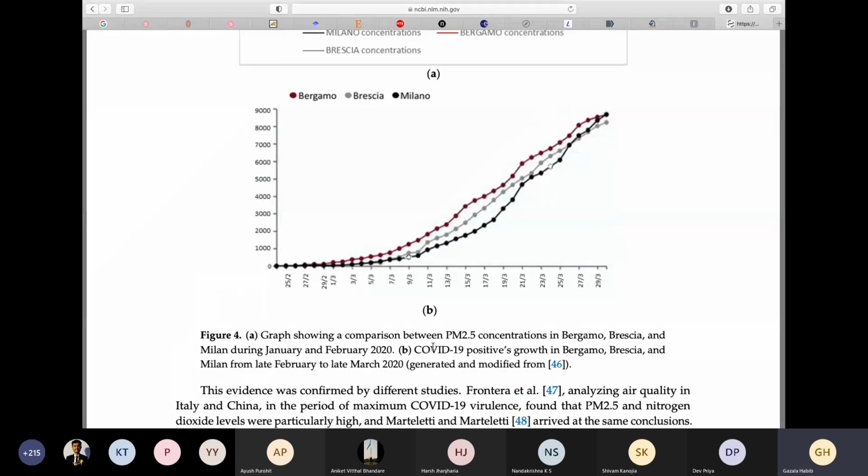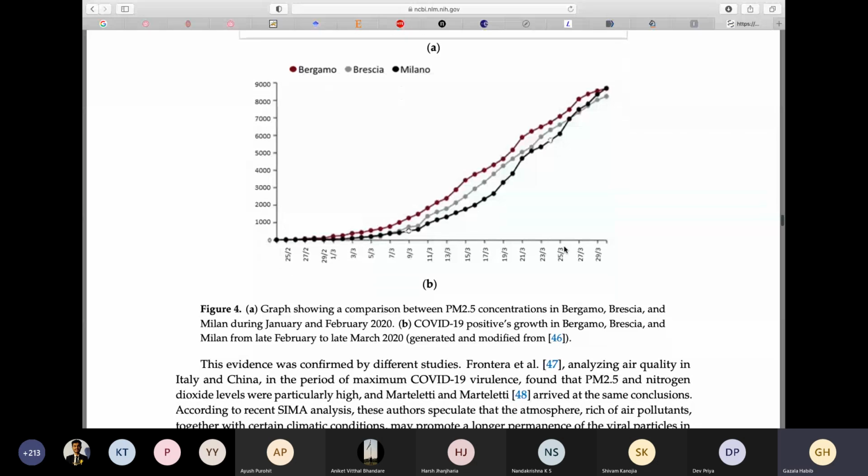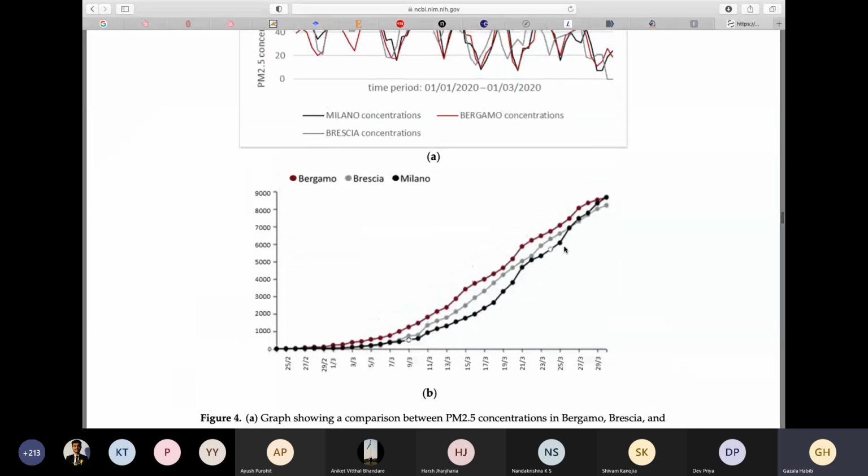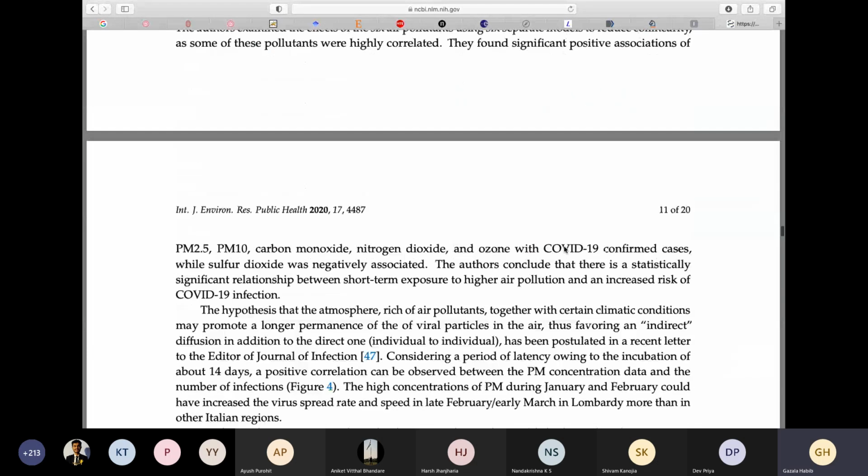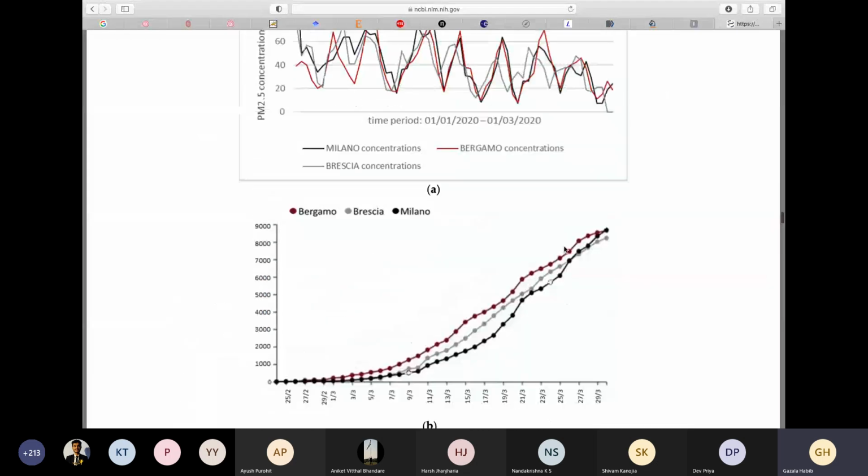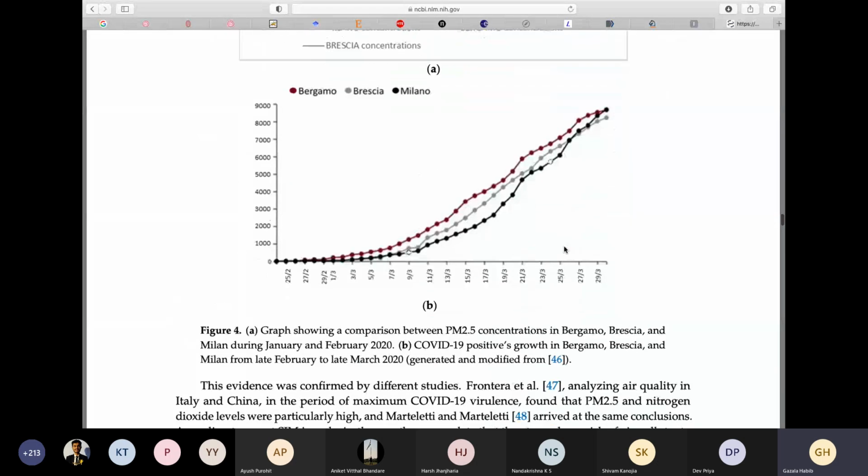Graph showing the comparison between PM2.5 concentration in Milan during January to February, and COVID-19 positive growth in Milan from late February to March. Okay. What is the x-axis and what is the y-axis? This is strange, they don't write the x-axis and y-axis.